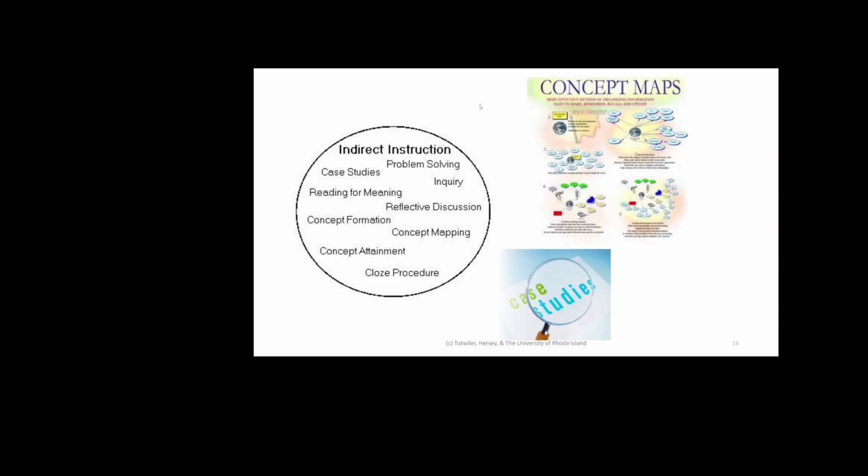There's also indirect instruction, where you give the students some sort of responsibility for learning on their own. If you've ever heard of the flipped classroom method, where students are meant to learn things on their own outside of class, and then when they're in class, they practice, that would be indirect instruction. There are some other things here for you to look at that count as indirect instruction.